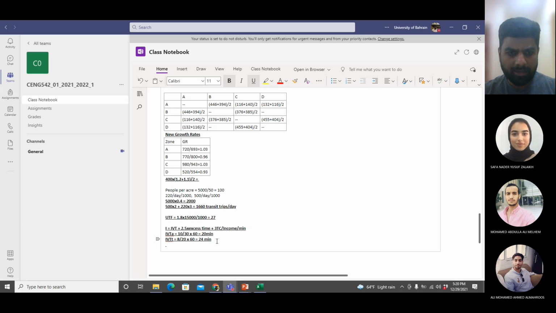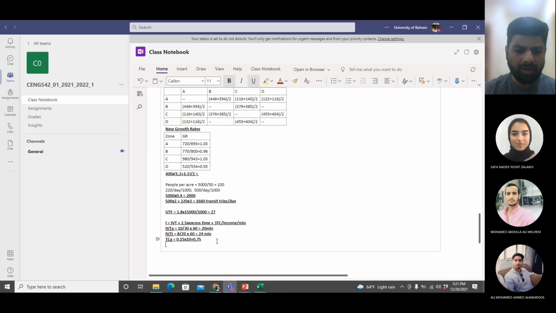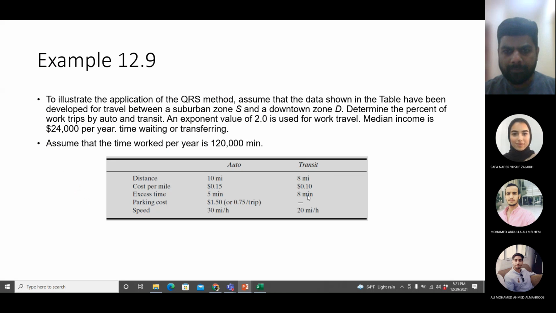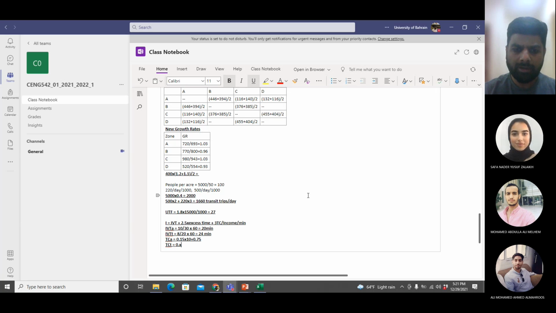So I'm calculating the cost now. So total cost for car is 0.15 into 10 plus 0.75. Okay, this is for car, and then for transit, it will be 0.1 into 8, and then nothing.